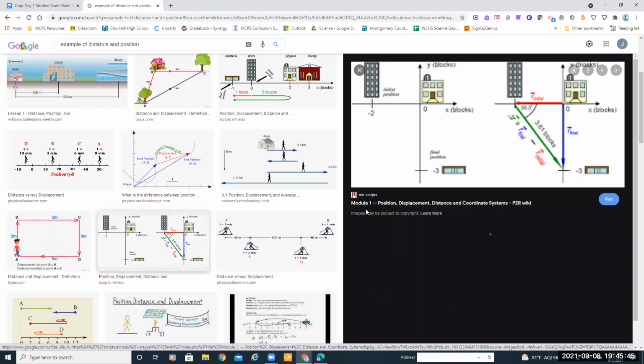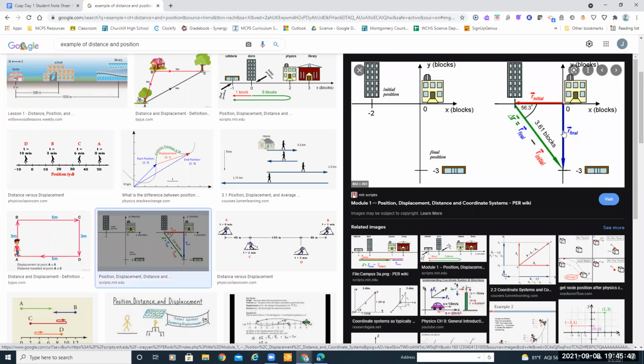Here's one that's kind of similar to what we were working on. If I go from the tall building to the short building to the one-story building, then my displacement is 3.6 blocks at 56 degrees south of east.